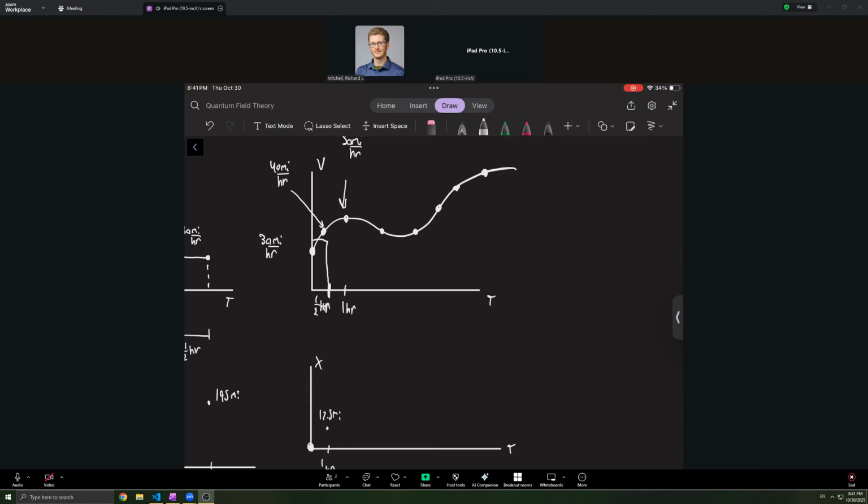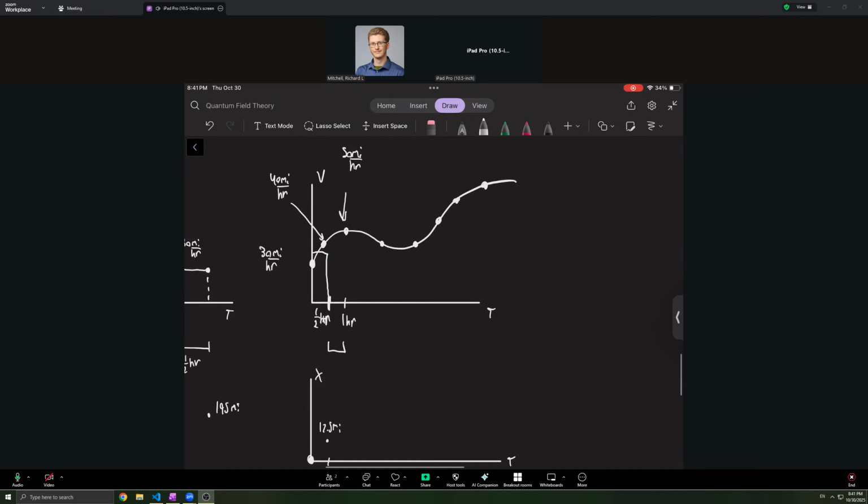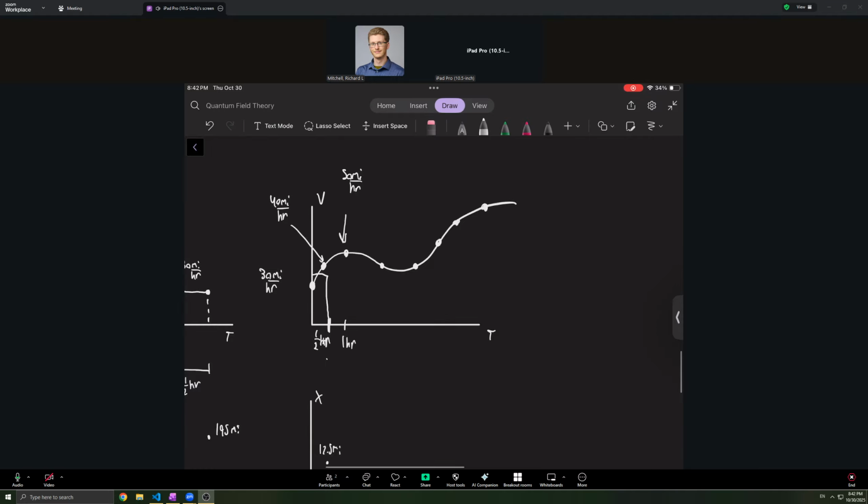Well, it's good that we know how far the car is after half an hour of travel. So we just need to calculate how far the car has gone in this half an hour interval. And the way we do that is multiplying this half an hour interval by how fast the car was going. But we again run into the same issue.